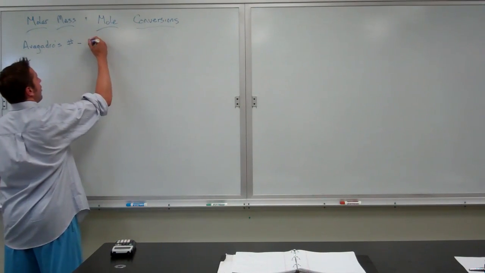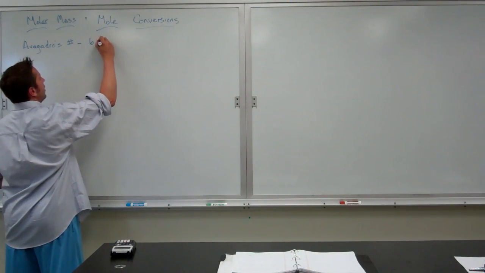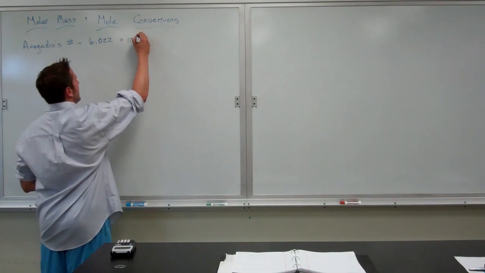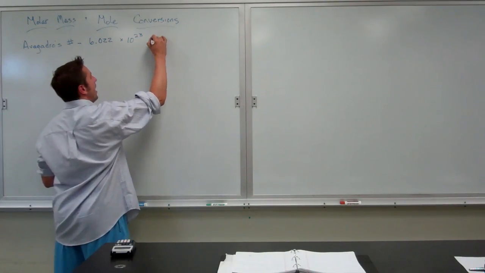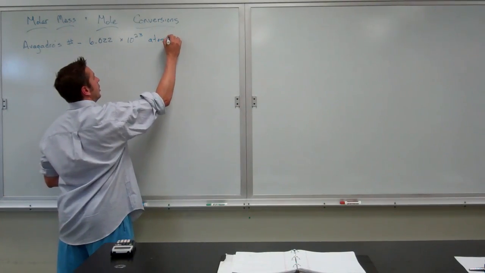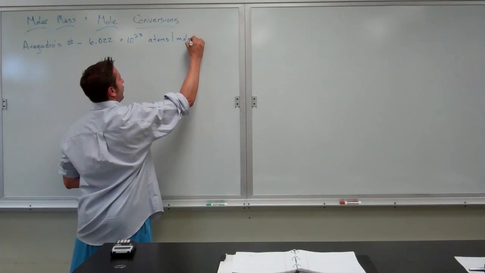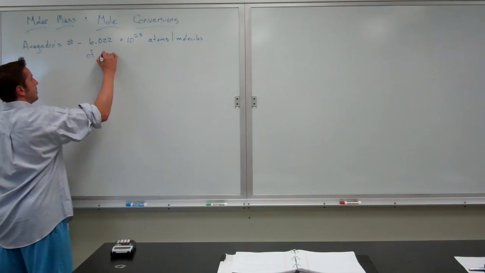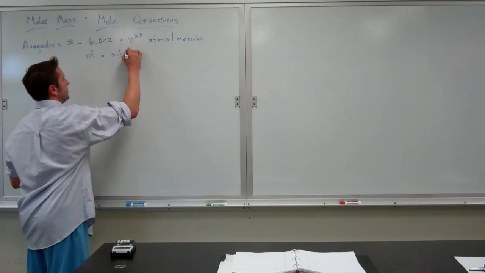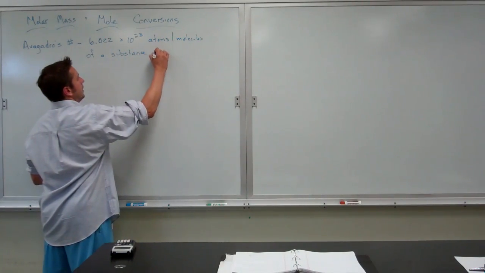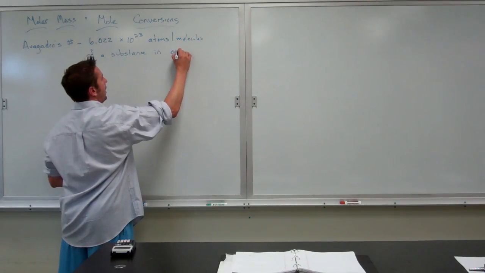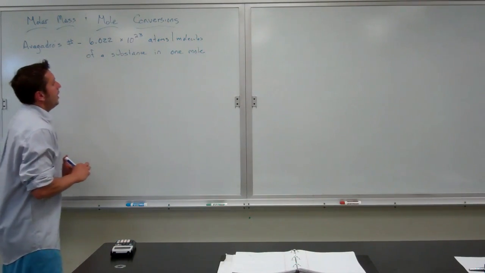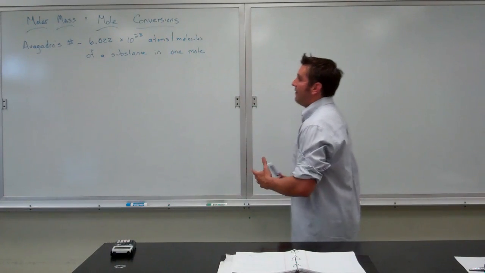It says that there are 6.022 times 10 to the 23rd atoms or molecules of a substance in 1 mole. And that's what you need to understand about Avogadro's number.